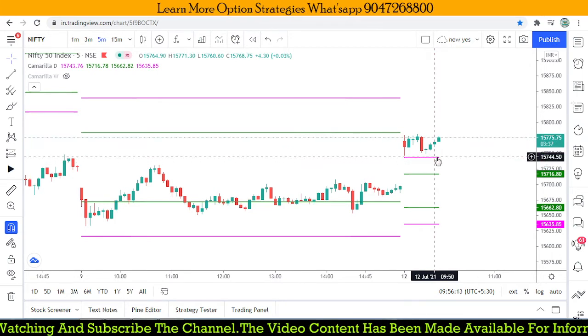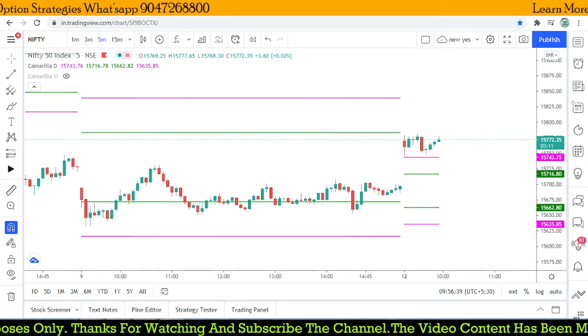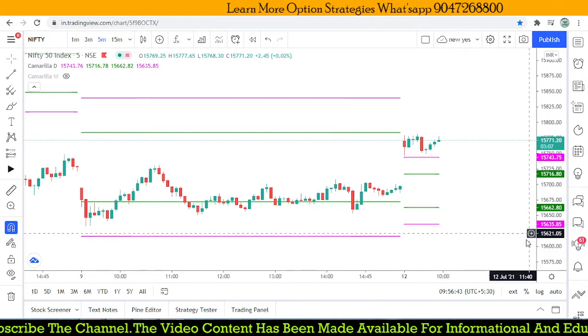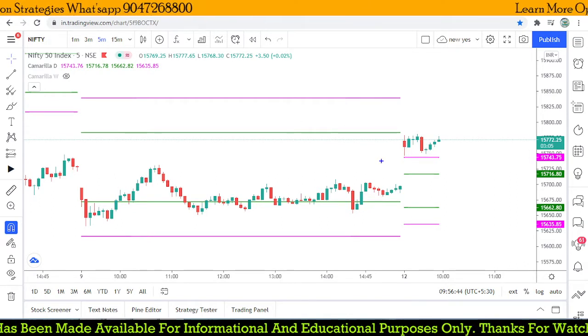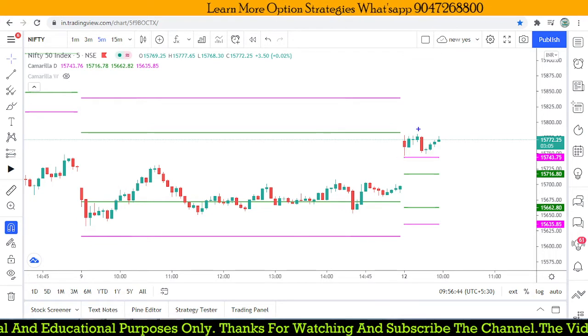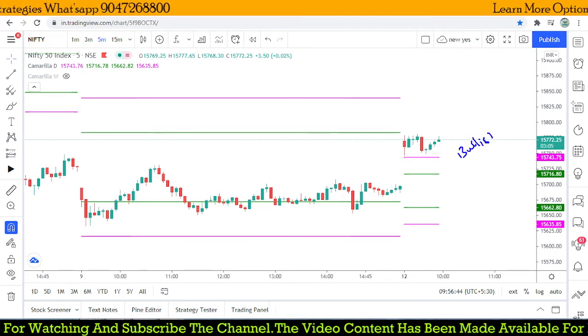Now, just a second, today it's trading above R4, the Nifty. It's trading above the R4 level, so that gives you some trending. That is a kind of breakout move, already opened above the breakout level, so we may expect bullish.